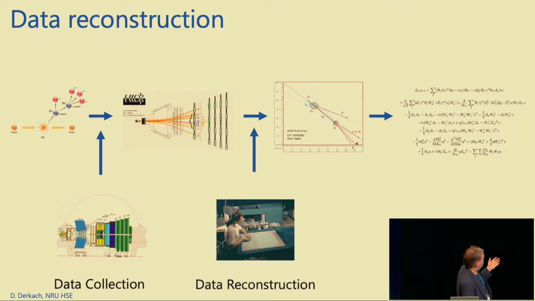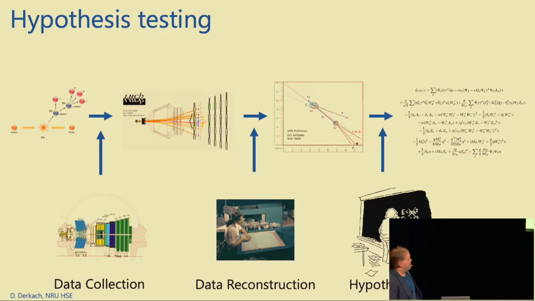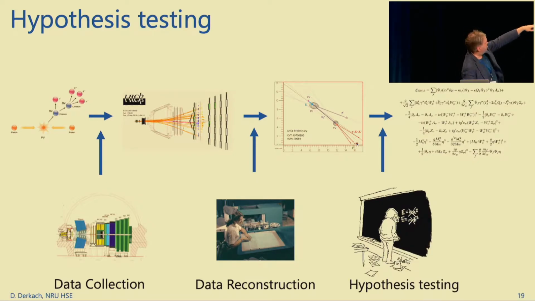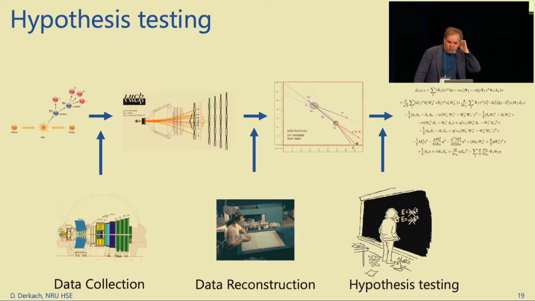Now we use computers, and out of this amount of events, we look for good particles and reconstruct the exact physical parameters of the particles that are created inside the collision. Then we go to theorists, and theorists say, okay, but this is evident. This equation describes everything that is created in the collider. So now this is what we have, and now we have government.